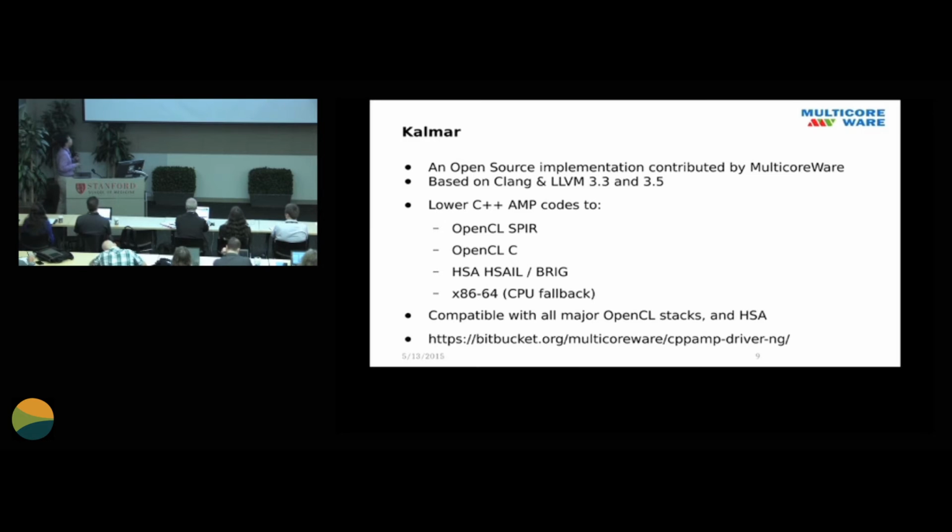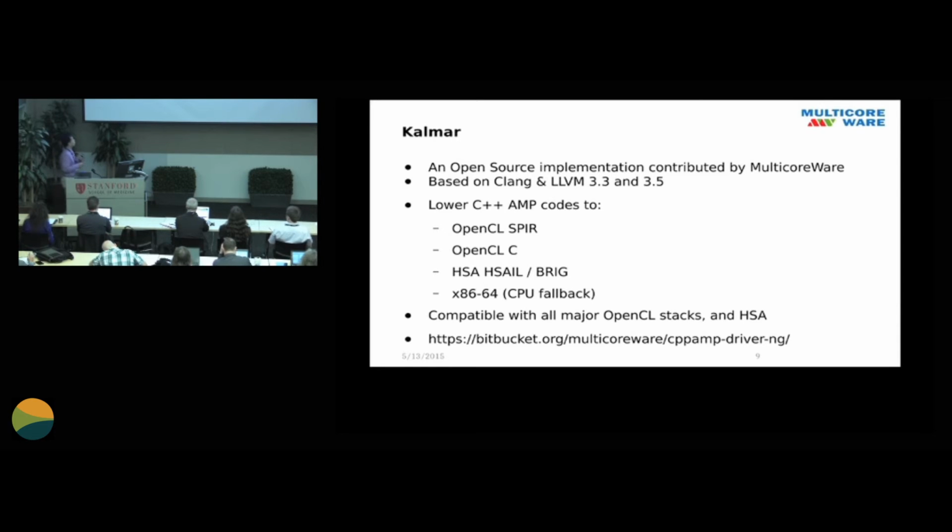With this Kalmar compiler, we can lower C++ code to different GPU targets, such as OpenCL SPIR binary, or OpenCL C, or HSA, in HSAIL source format or BRIG binary format.